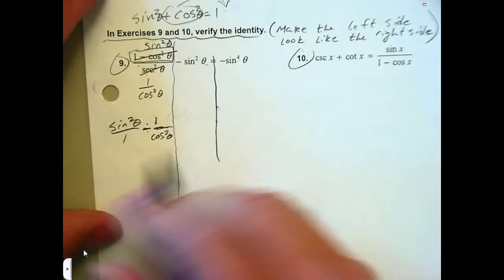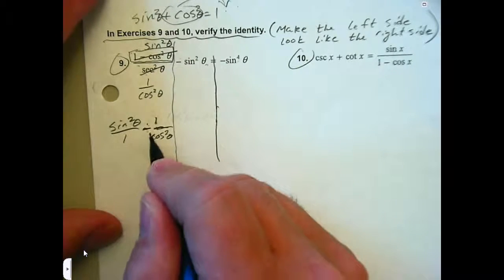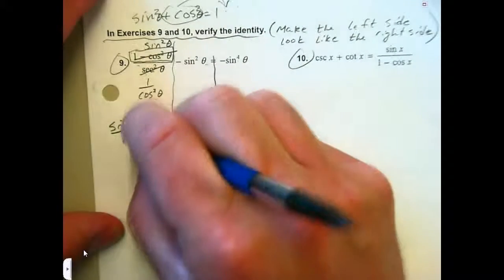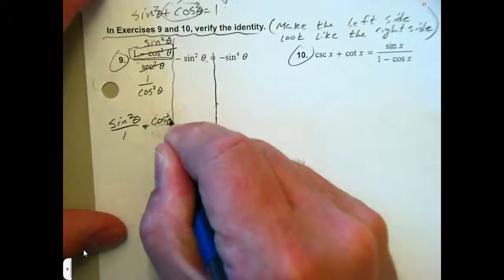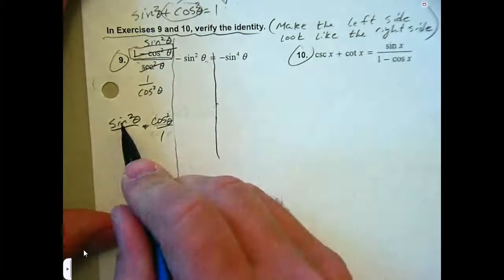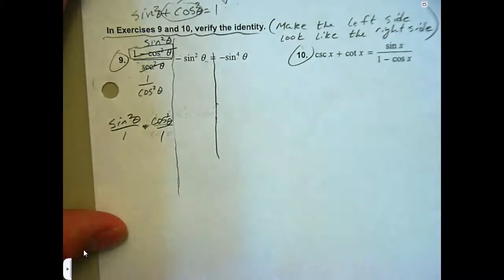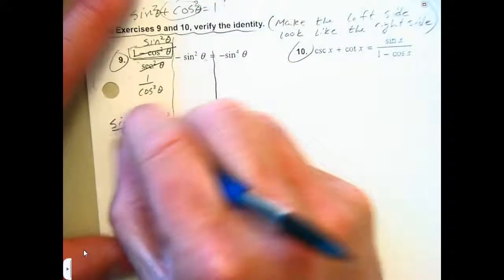I'm just taking this chunk of the equation right here. When I flip that, it becomes cos squared theta over 1. So I get sine squared theta times cos squared theta right there.